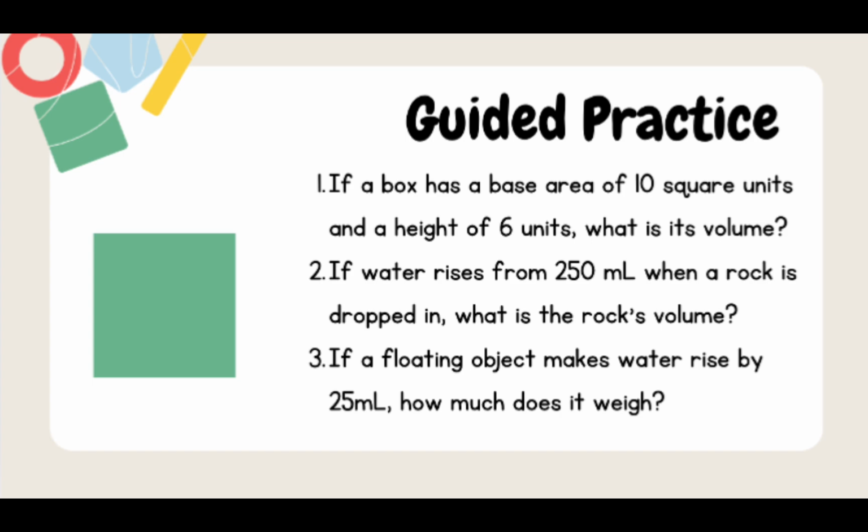Now it's your turn. Together, we're going to work on 3 of our own problems. First, if a box has a base area of 10 square units and a height of 6 units, what is its volume? Turn to a partner and discuss your answers.